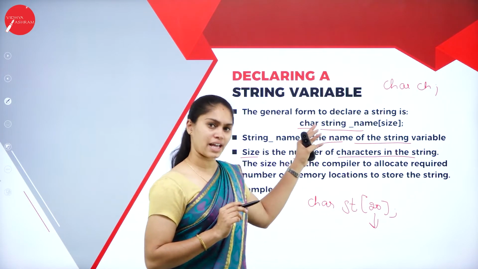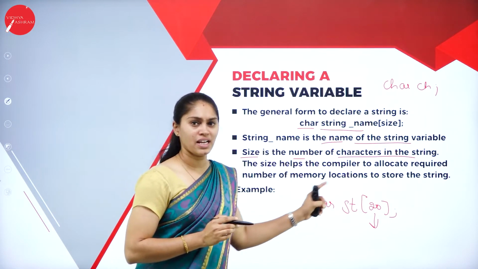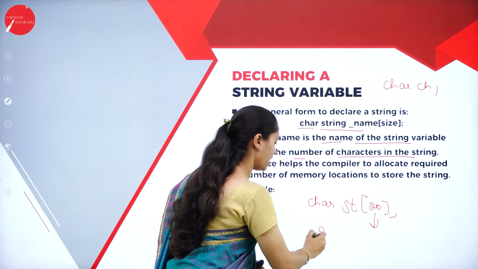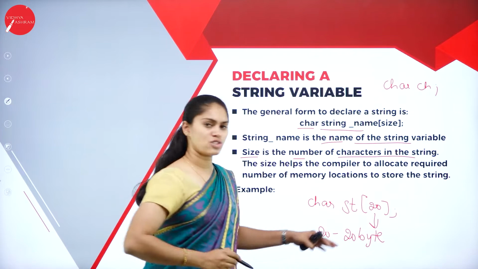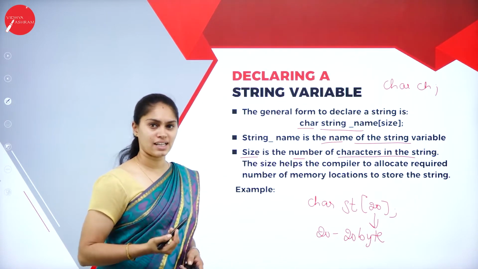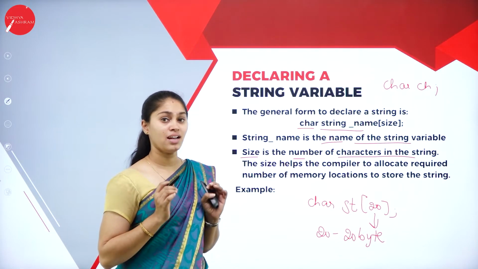So for the character data type, each character holds a single byte of memory. This 20 indicates it will have 20 bytes of memory space after the declaration. That is what we have to understand from the declaration.